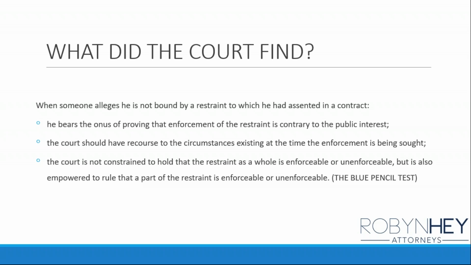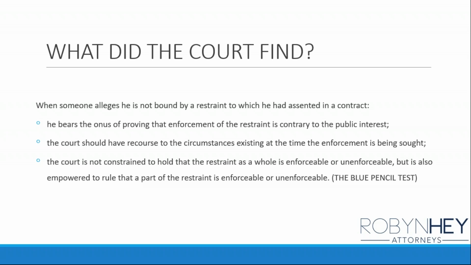So again, the courts have to look at the circumstances existing at the time that the enforcement is sought. And the last thing is very unusual for a legal principle. It's called the blue pencil test. I don't know why it's called the blue pencil test, but it is. In other words, the court is not constrained to either enforce the whole contract, the whole clause, or not at all.